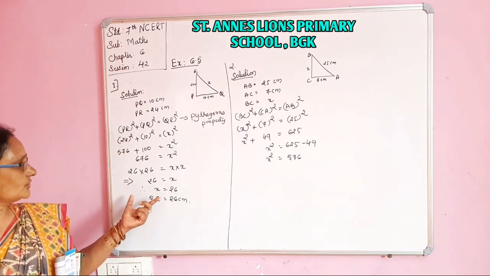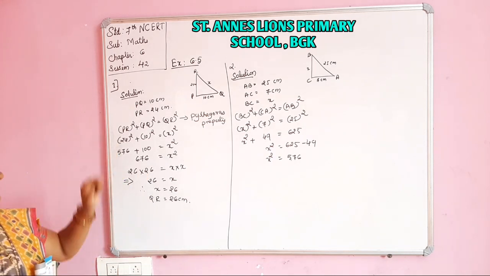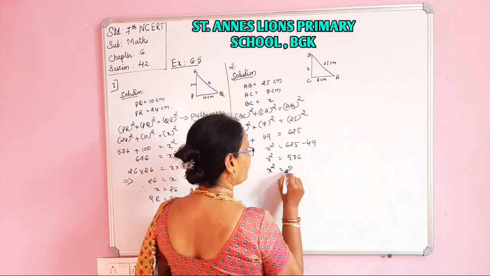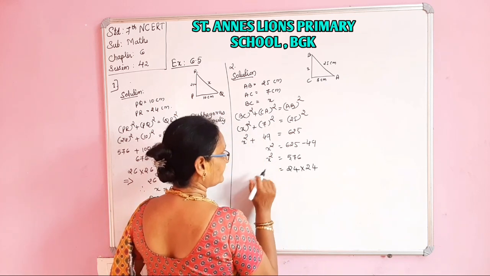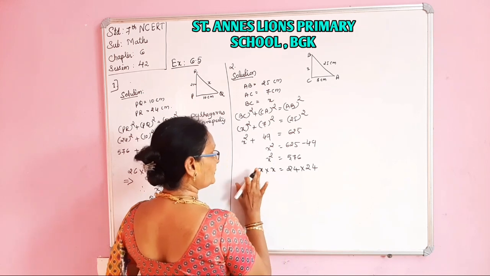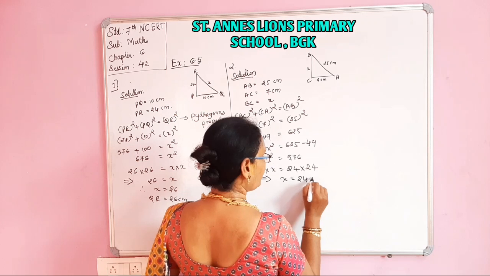Just now you have seen that 576 is a square number of 24. That one you can use here. So x square is equal to 24 into 24. You can take it like this: x into x is equal to 24 into 24. So this implies that x is equal to 24 centimeter.